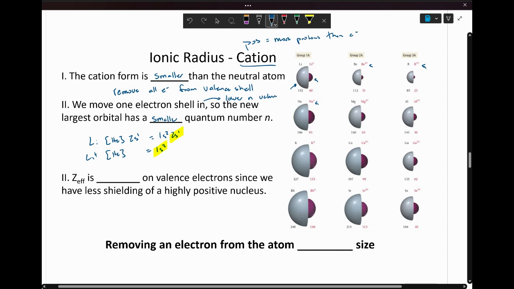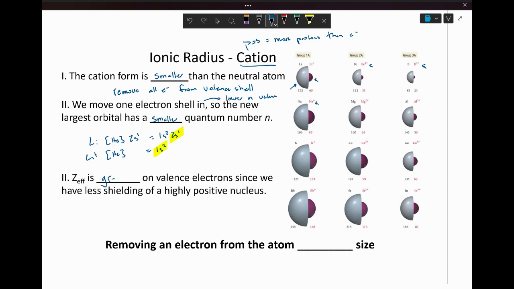When we do this, we observe that we now have a Z effective that is greater on valence electrons, since we have less shielding of that highly positive nucleus. For neutral lithium, Z equals 3. Because it has the noble gas configuration of helium, 2s1, the number of shielding electrons is the number of electrons that helium contains.